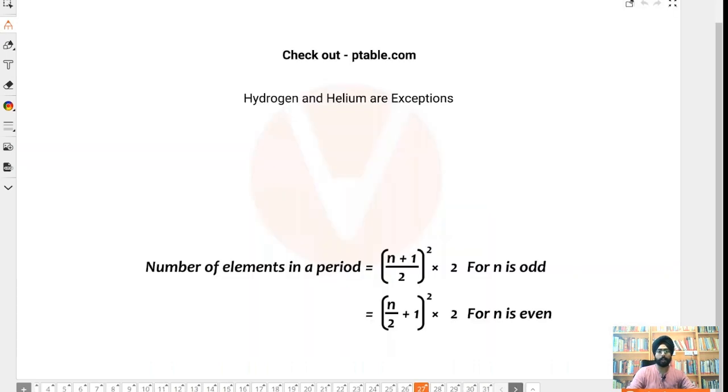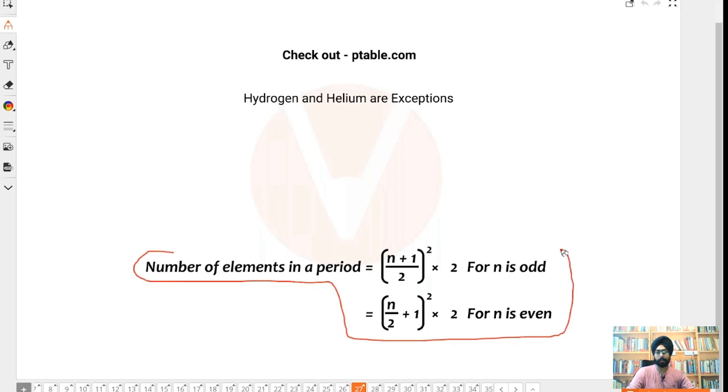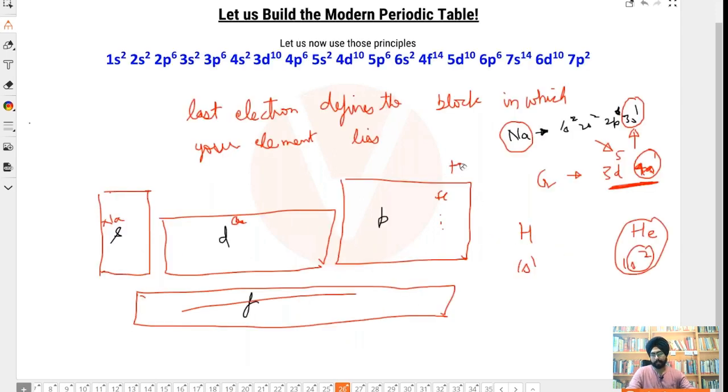For helium, the configuration is 1s2, still it is placed in the P block, because its properties are those of the noble gases. Hydrogen is 1s1, yes, it is kept here, but its properties are similar to both alkali metals and also similar to the group of fluorine, chlorine, bromine, iodine and astatine.